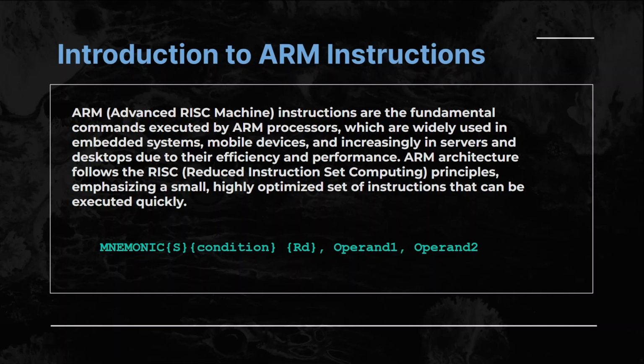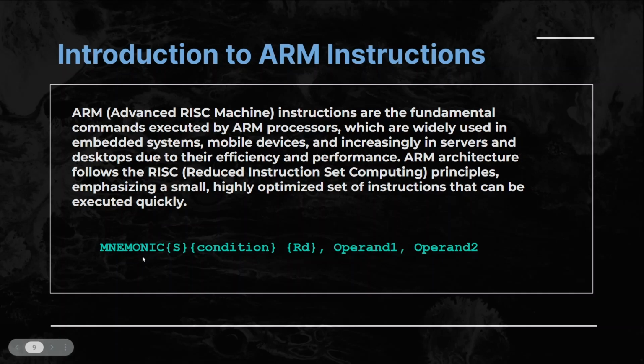In this part of the course, we are going to talk about ARM instructions. The purpose of this part is to briefly introduce ARM instructions. As mentioned earlier, assembly language is composed of instructions, which are the main building blocks. ARM instructions are usually followed by one or two operands as in the given syntax.